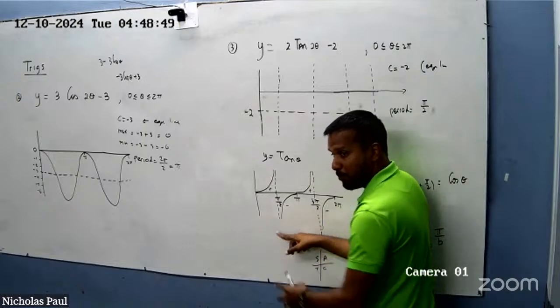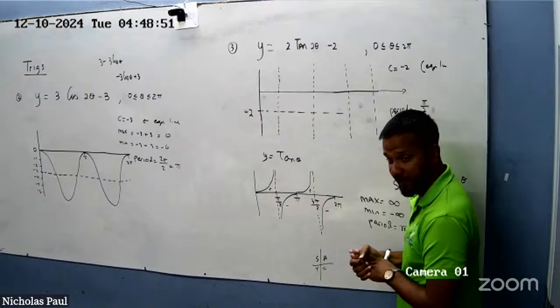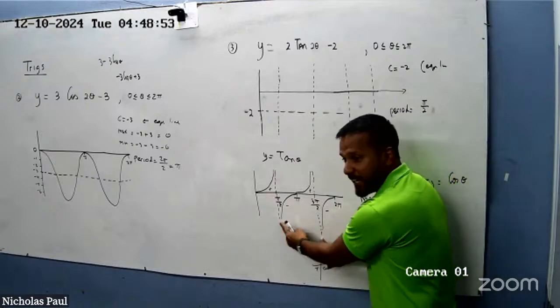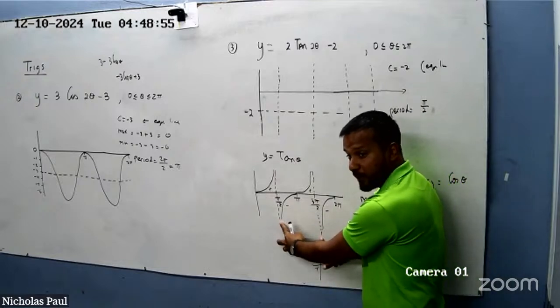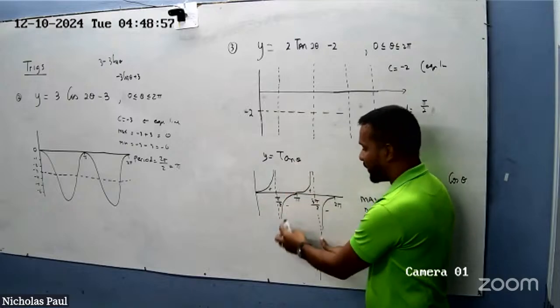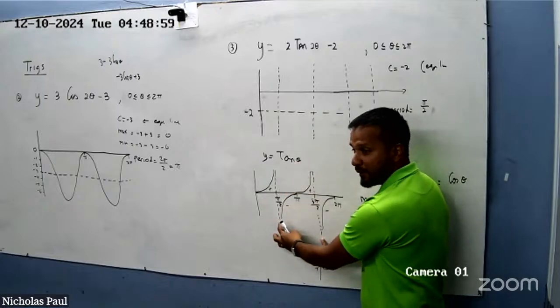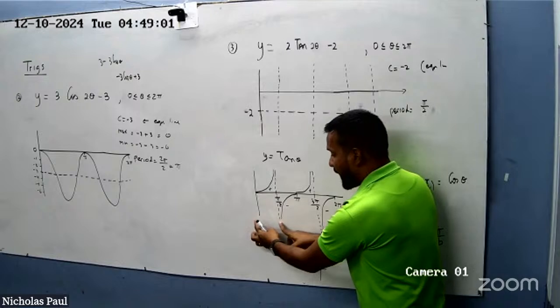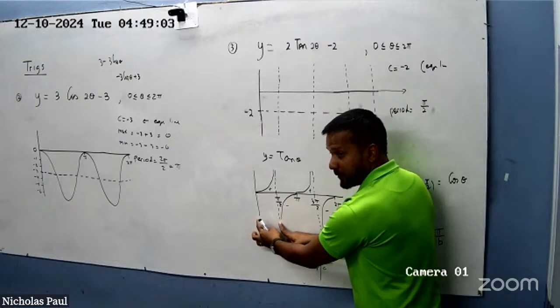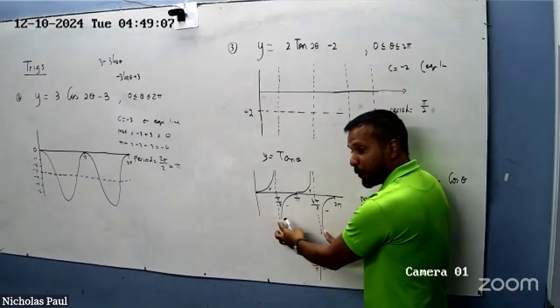Listen again for those who are now tuning in. Here to here, pi, in the original function, tan theta. So here to here is half pi, pi on 2, correct? That's when the period was pi.